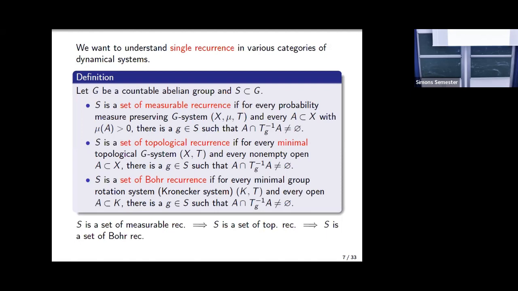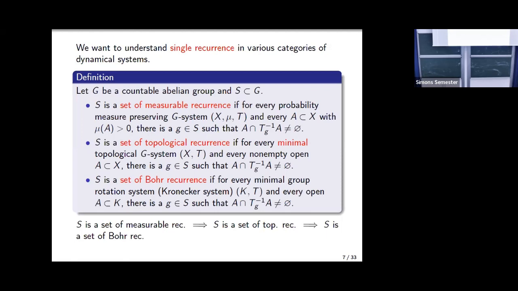Topological recurrence is the same, except now you're talking about minimal topological systems and open sets. And Bohr recurrence is the same, but now you're talking about minimal group rotations and open sets in the phase space, open sets in the group.